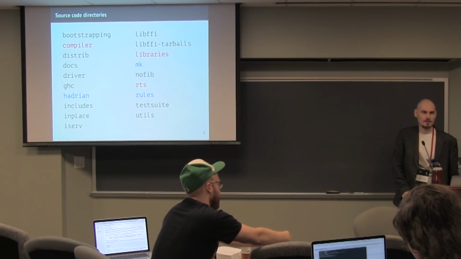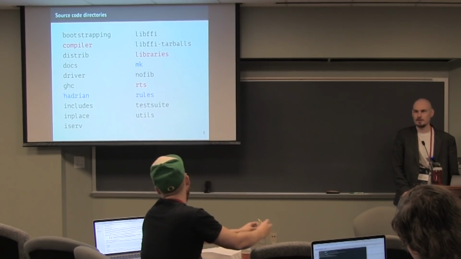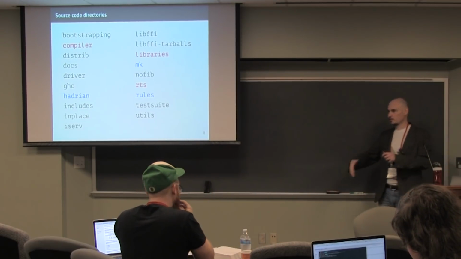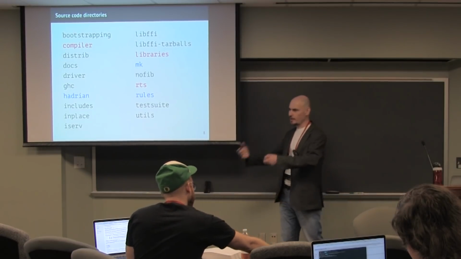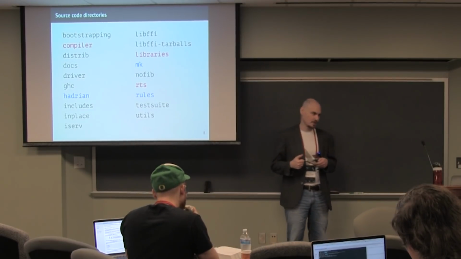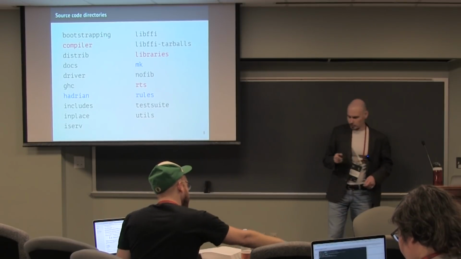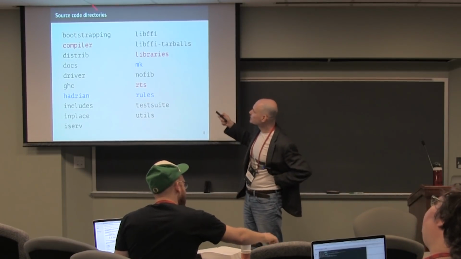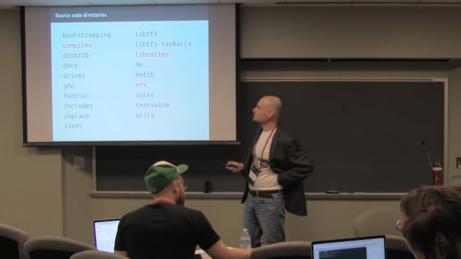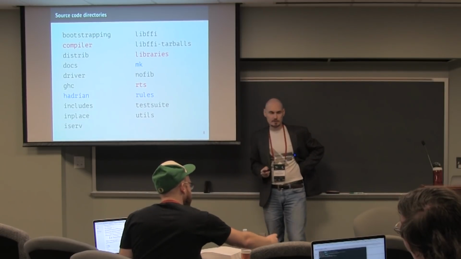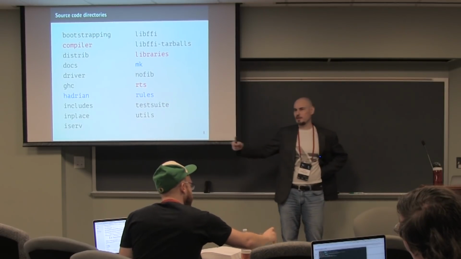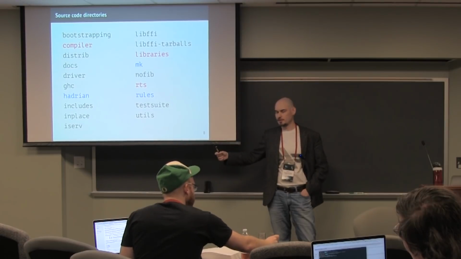You can run GHC as a server, and then using the network you can work with it. You can provide expressions and get results from it. These two directories are about the foreign function interface. It's about interfacing with other platform libraries, which are mainly implemented in C.